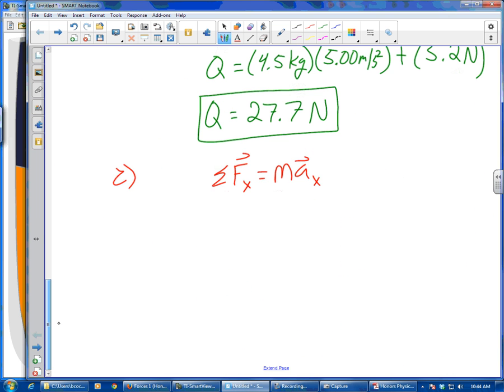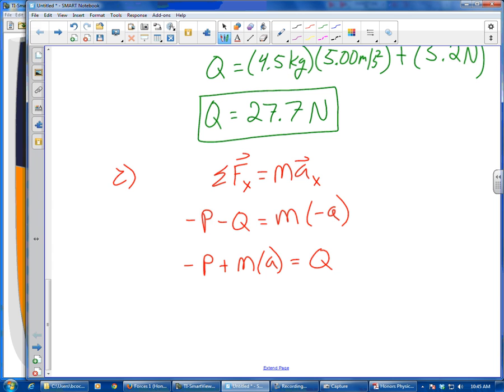So I have negative P plus negative Q, which is the same as minus Q, equals M times negative A. I want to solve for Q, so I get negative P plus M times A equals Q. Going to rearrange, bring the MA onto the other side, bring the Q onto the other side, so we can get Q as positive.